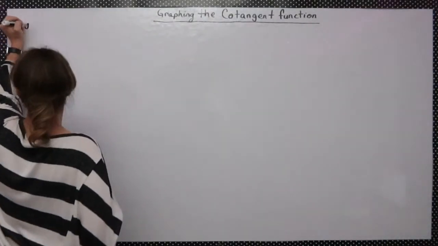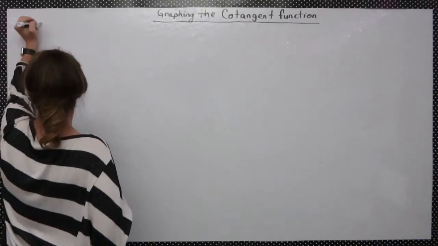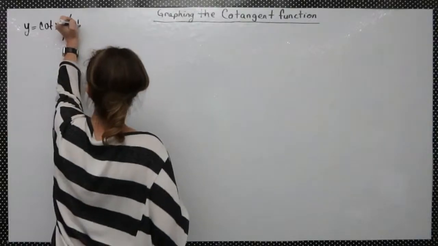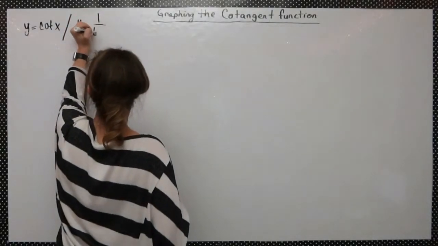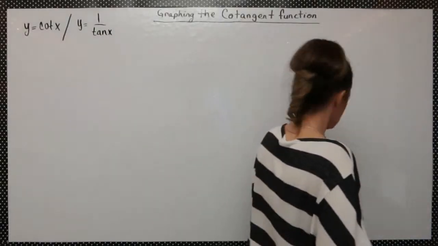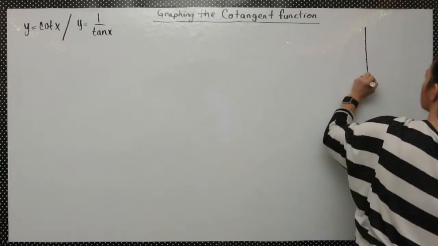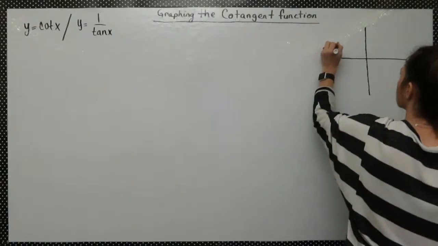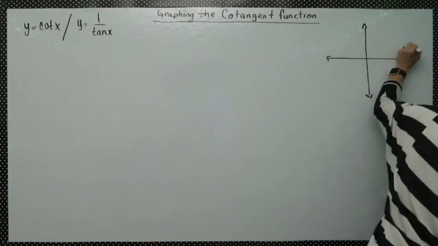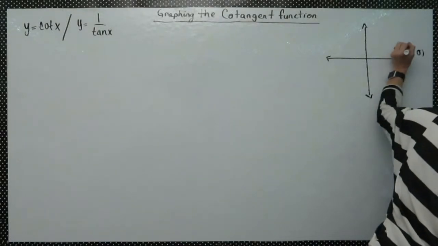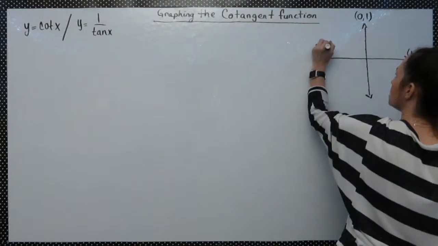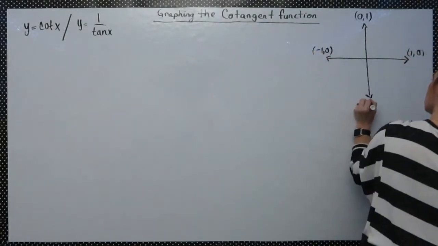Okay, so y equals cotangent x. And remember, that's y equals 1 over the tangent of x. We'll start out with our little unit circle here: 1 comma 0, 0 comma 1, negative 1 comma 0, and 0 comma negative 1.